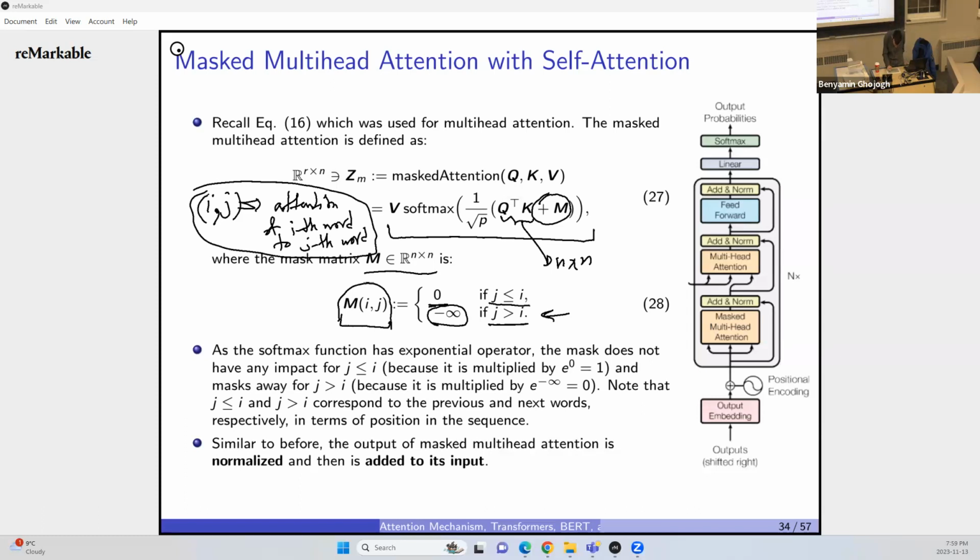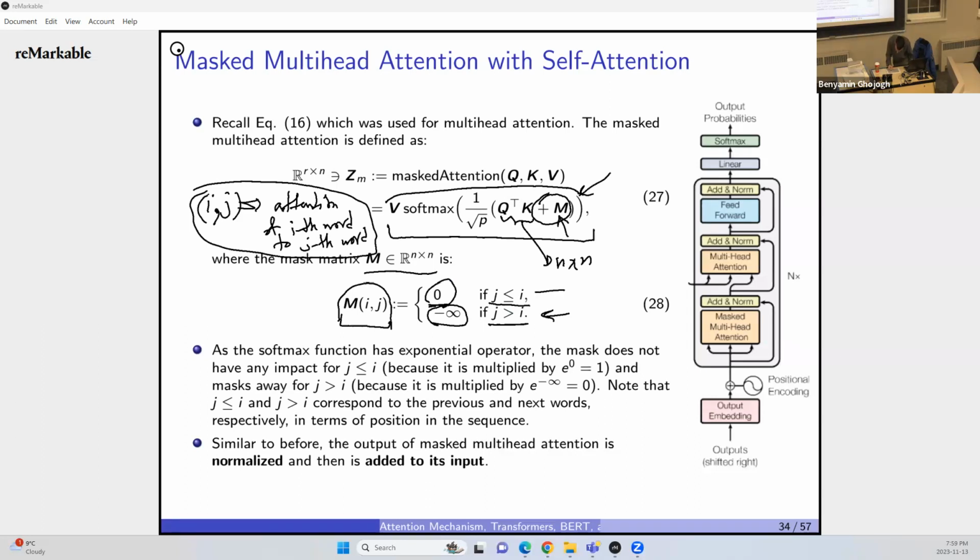So basically this whole thing becomes 0 when j is greater than i. But when j is less than or equal to i, what happens? mij is 0. This term is 0. It doesn't have any effect. I still have the attention.